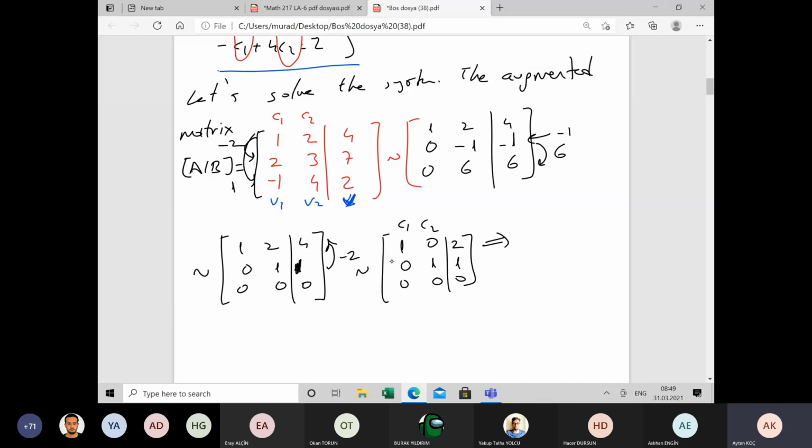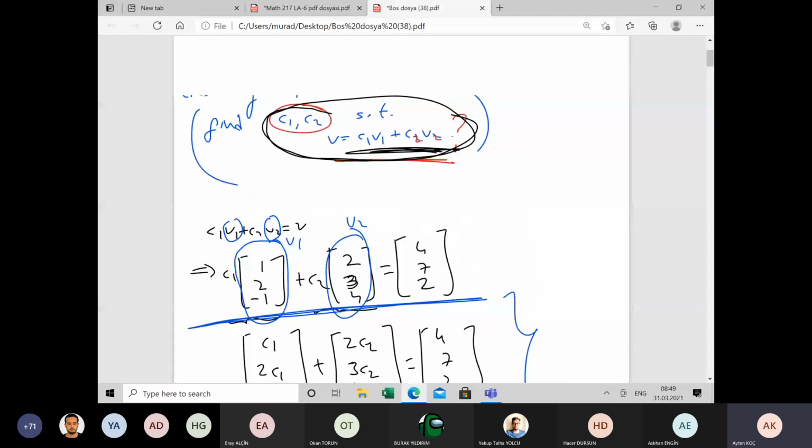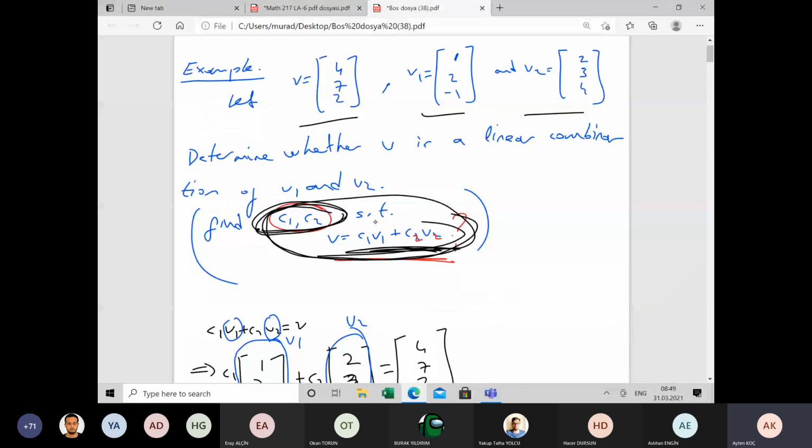The first row gives the first equation: C1 is equal to 2, and this one gives C2 is 1. Yes, we get the coefficients. Let's come back to our question: does there exist C1, C2 such that this holds? This gives this system.